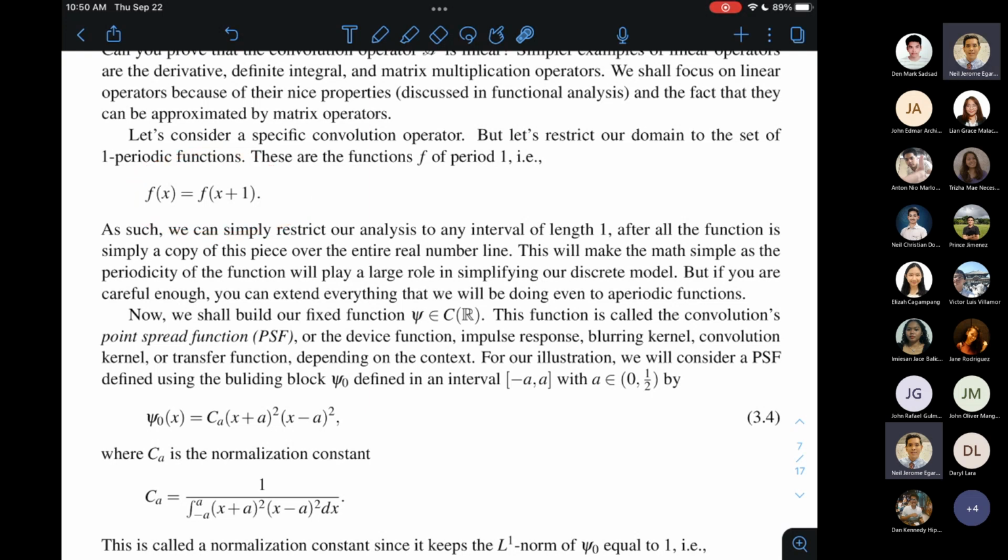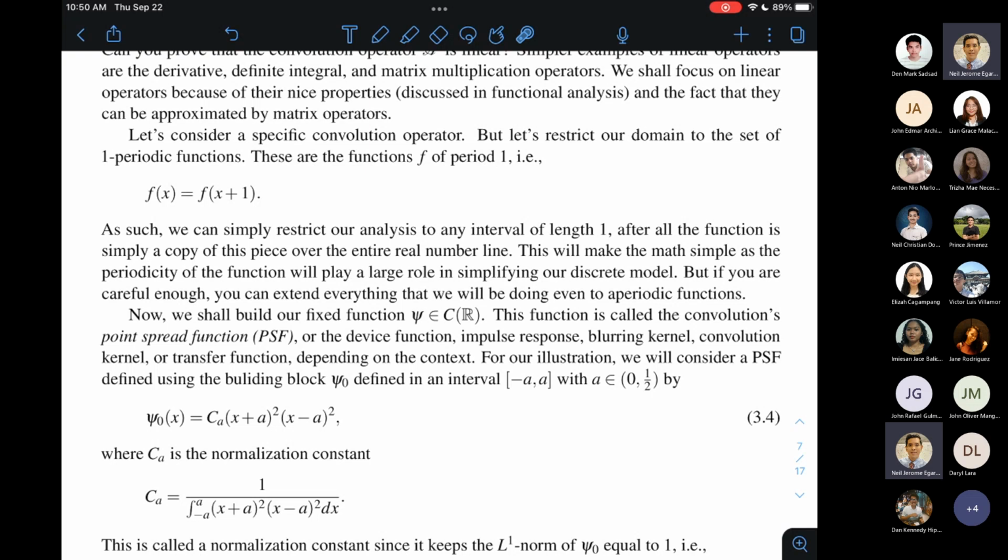Alright? So, dahil 1 periodic yan, pwede nating ibaba lahat ng computations to an interval of length 1. Kasi kung ano nangyayari kay x, yun din yung mangyayari kay x plus 1. Paulit-ulit lang yan in a cycle. So nakita nyo kung paano ko pinapalit yung problem para yung computations maging mas madali.